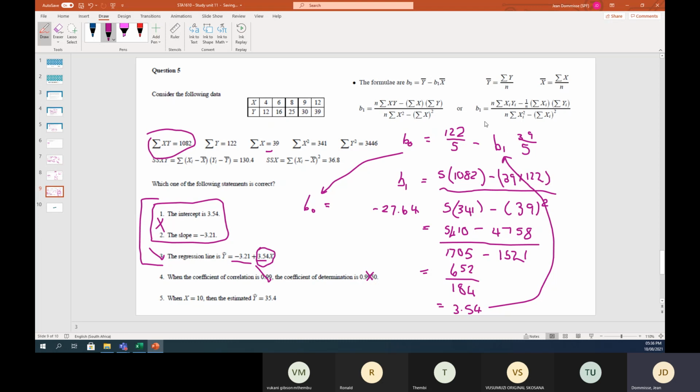122 divided by 5 is 24.4. So 24.4 minus 27.64 gives me minus 3.24. Okay, so with a bit of rounding off, but that gives me that one. So now we have only done that part of the question.